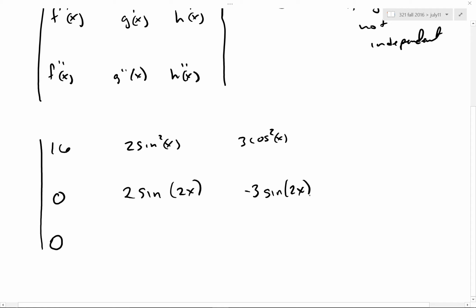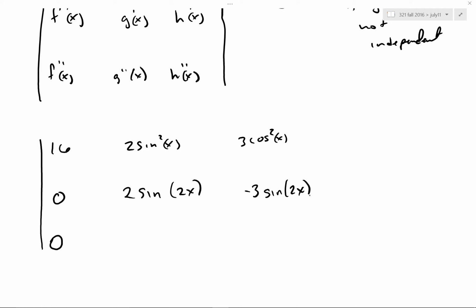All right. I guess I'll do this one next because it's already here. Negative 3 sine of 2x. What's the derivative of that? Negative 3 cosine of 2x times 2, is that right?